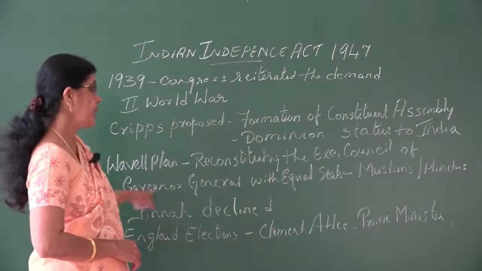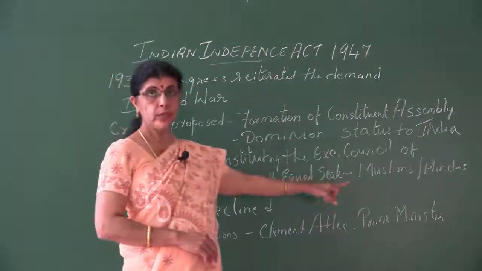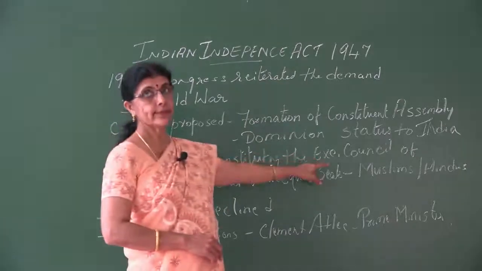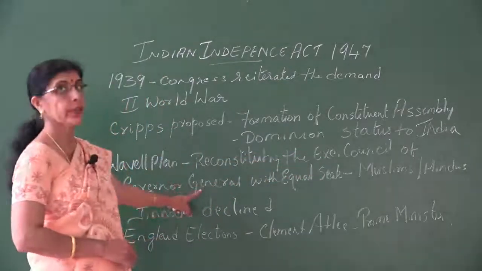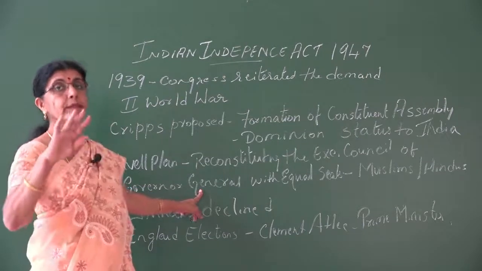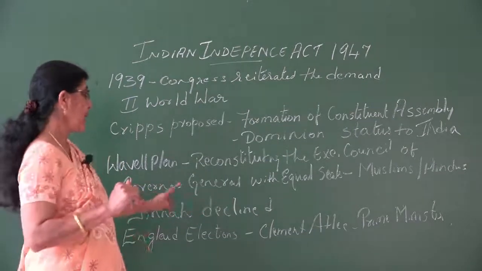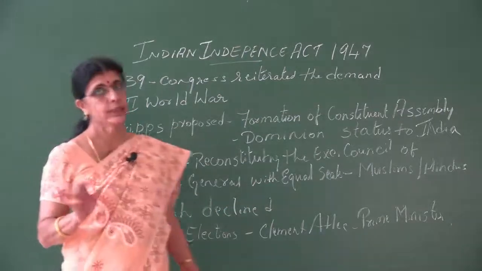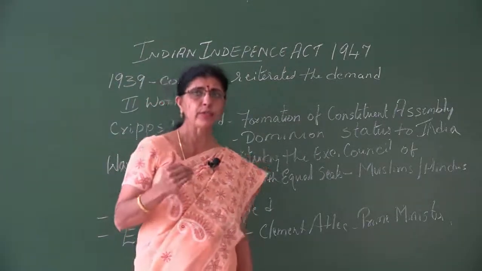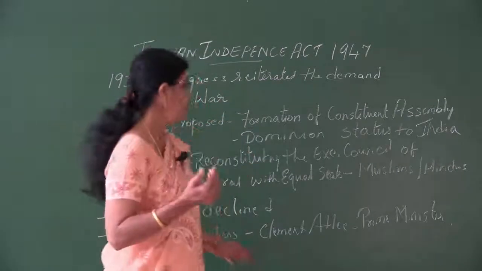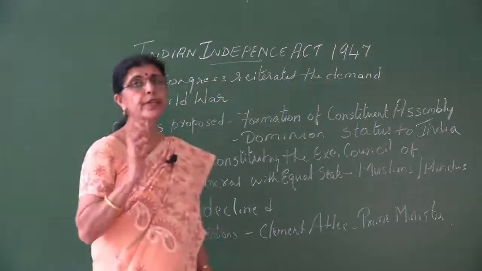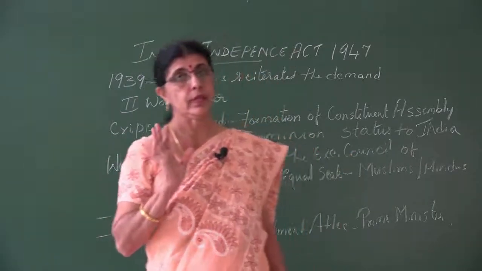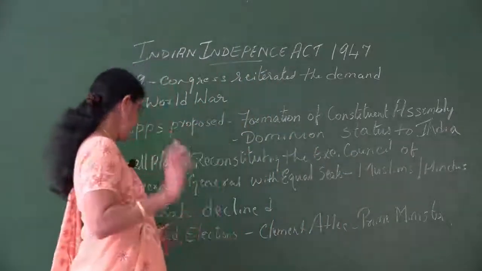That is, Muslims and Hindus will be given an equal number of seats in the Executive Council of the Governor General. That means earlier these people were not placed there. Now, when this was said, again Jinnah declined it. Though the Indian National Congress accepted it, Jinnah declined it because he was very, very clear that he wanted a separate Pakistan where Muslims will be there.